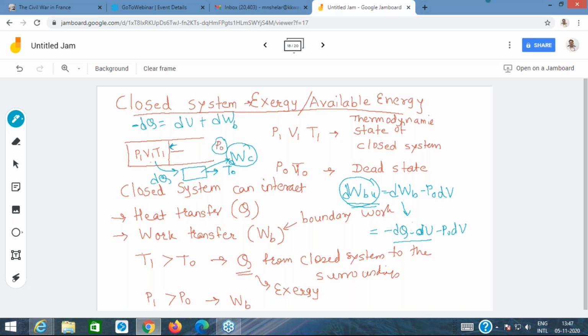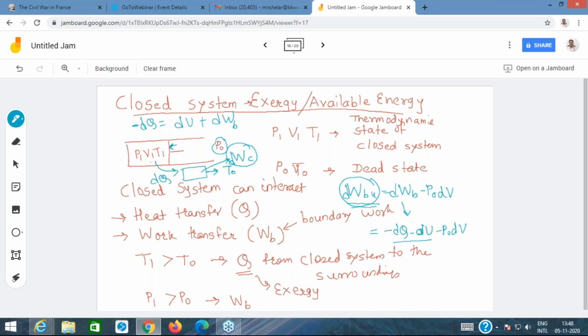So we need to add this Carnot work with the useful boundary work to get the total work, which is the maximum work potential, when a small heat dq is transferred and the expansion is through a small volume dv.